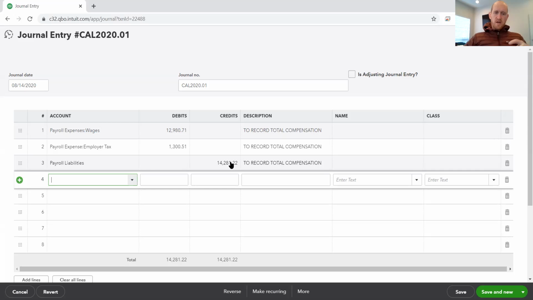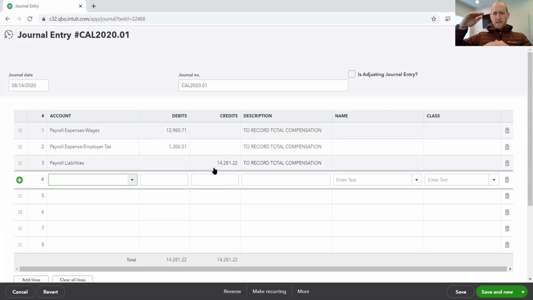If your software is syncing and it is downloading those transactions into your software, great. But don't try to journal entry them in. That's next to impossible. So the best way to do it is just lump all of the payroll wage and payroll tax expense to payroll liabilities, and voila, you have that.